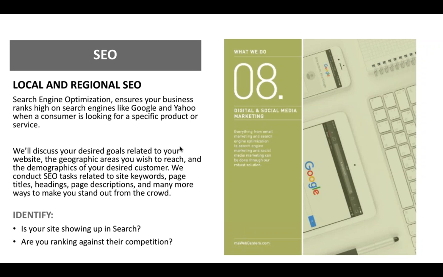Keywords, page titles, headings, descriptions, and all kinds of things, when done correctly and working together, help boost your website's search engine optimization value so that it will show up, if not on the first page, closer to it. Now, this is what I like to call the long-term effect.